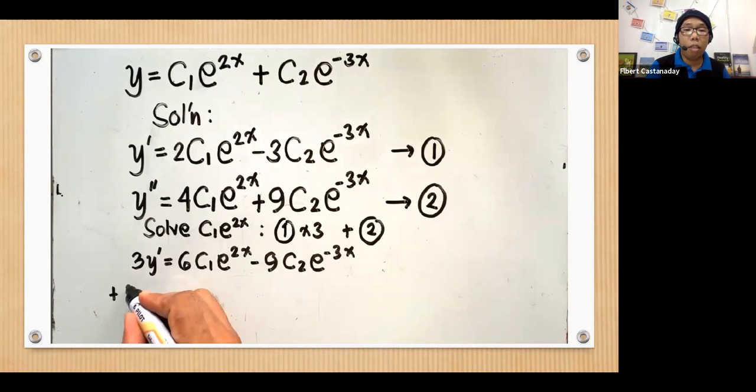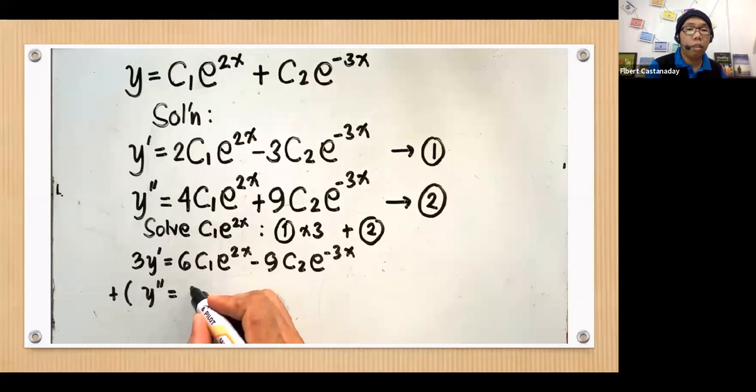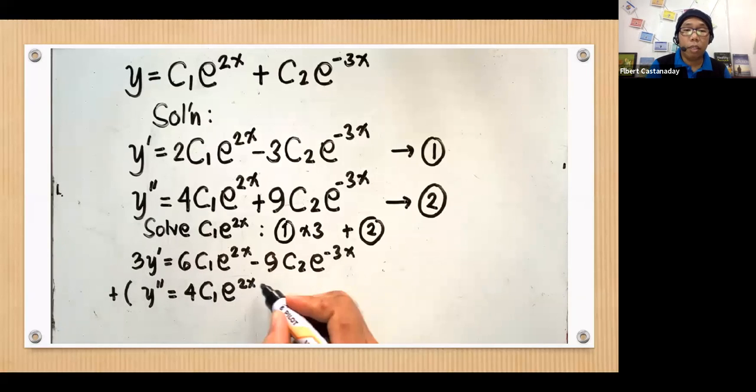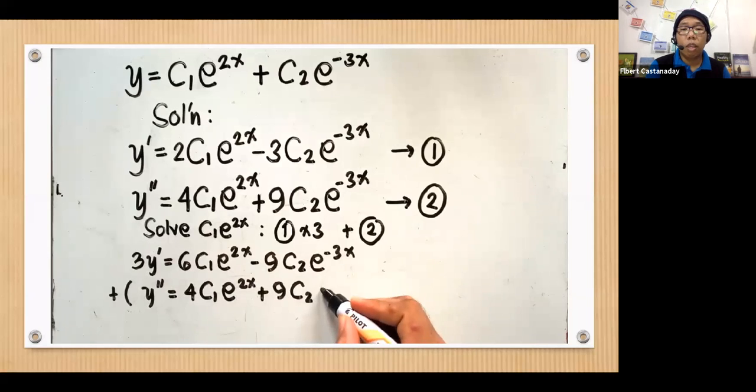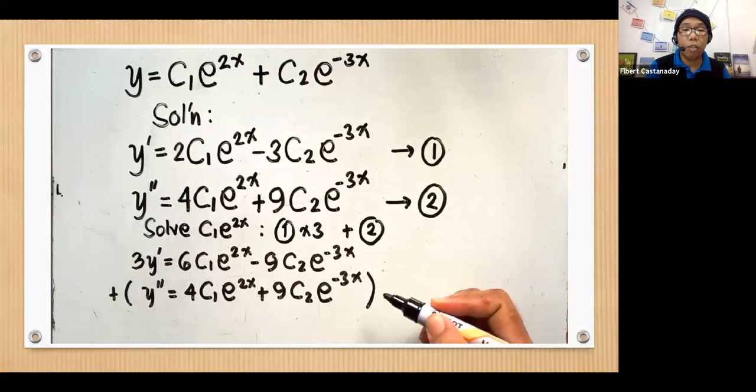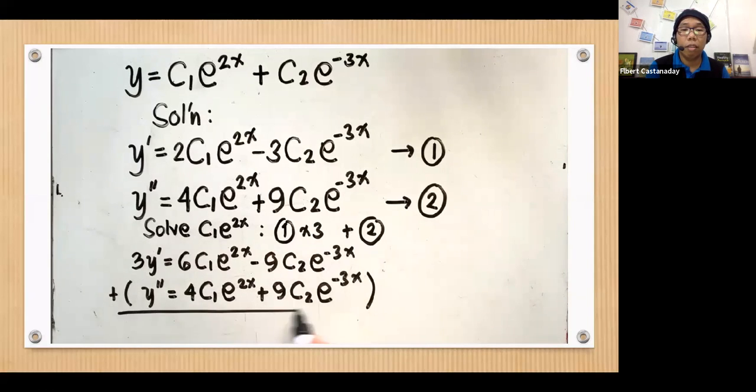So this is now the result of multiplying equation 1 by 3. And then you add equation 2, which is y double prime equals 4 c sub 1 e raised to positive 2x plus 9 c sub 2 e raised to minus 3x. So as you notice, there are similar terms. So you can combine them, and the objective of this is to eliminate one of the arbitrary constants.